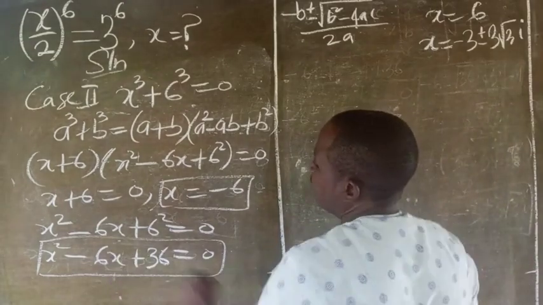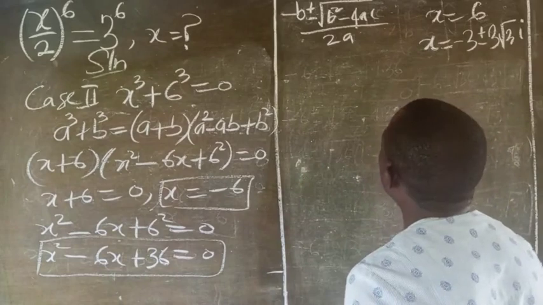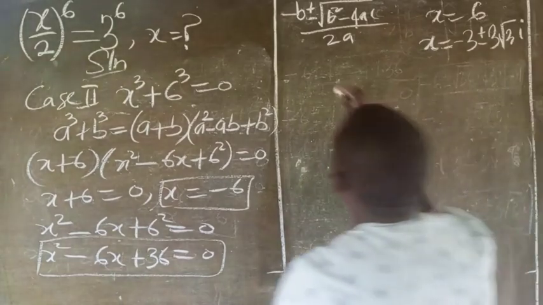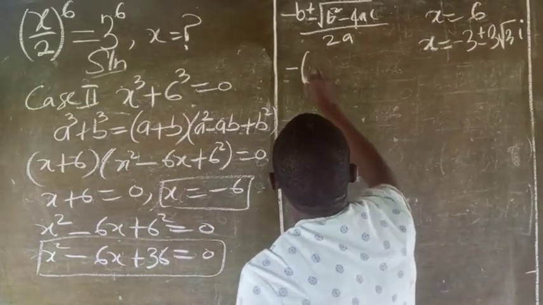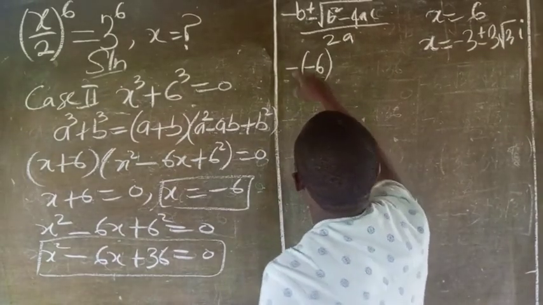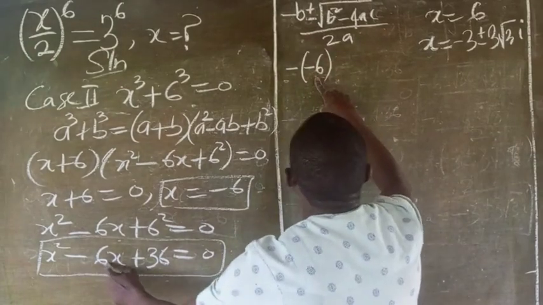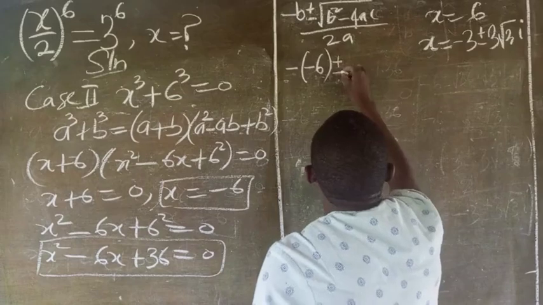So our a is 1 and our b is minus 6 in this case, and our c is obviously 36. So we are going to put in our values: minus 6. This is a minus from the formula, and the b is minus 6. Don't forget, plus or minus.